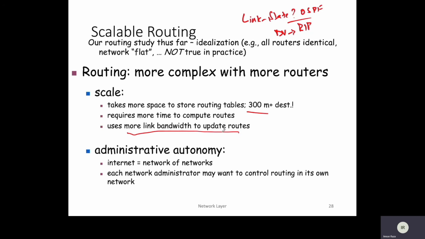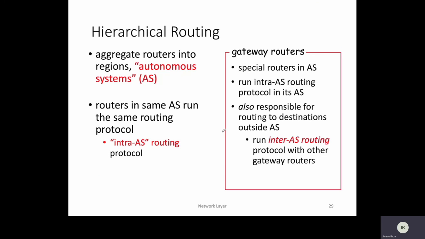So we have to come up with a solution that supports scalable routing, where when the size is increasing, we can handle it efficiently without the space problem or the bandwidth problem of sending route update messages. So the solution is hierarchical routing.